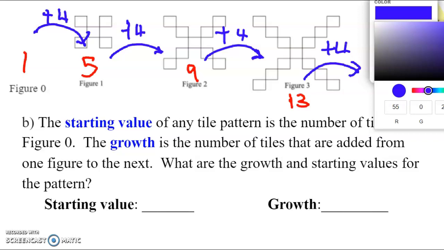So I know that the starting value was 1, because how many tiles did I have in figure 0? 1. How many tiles were added? We added 4. Okay, the growth was positive 4.